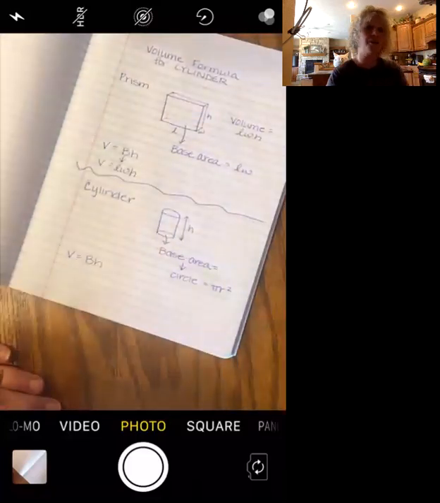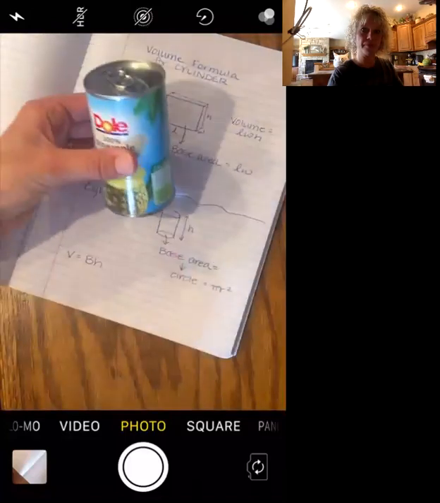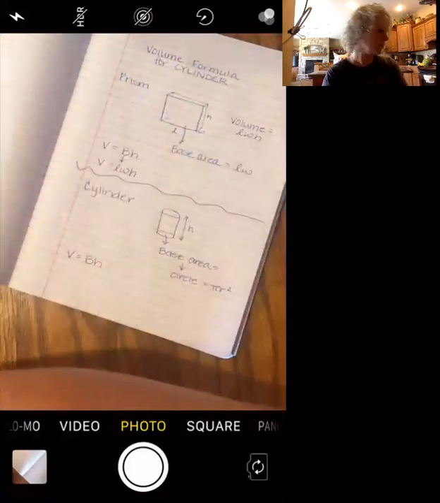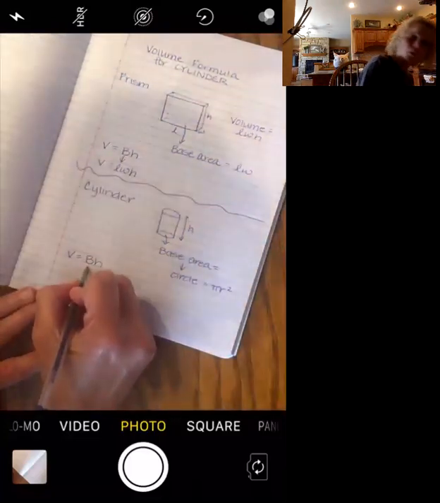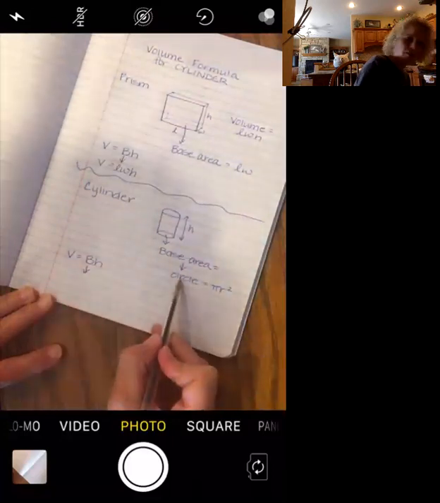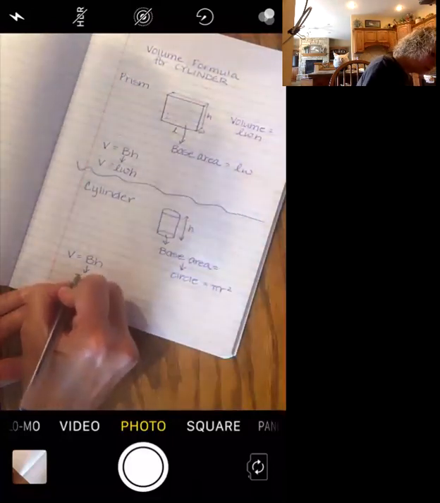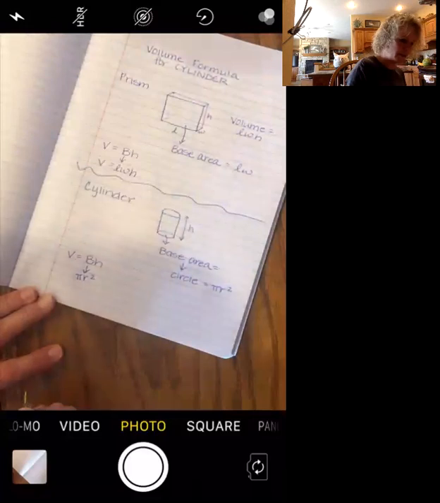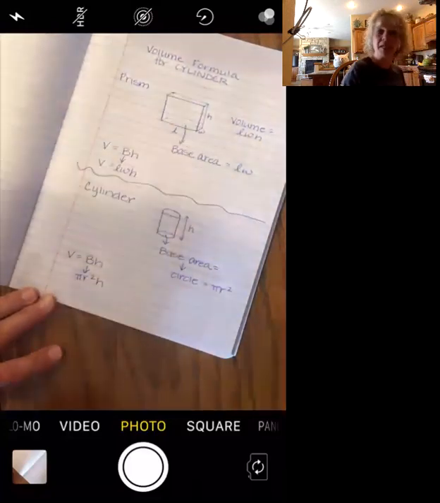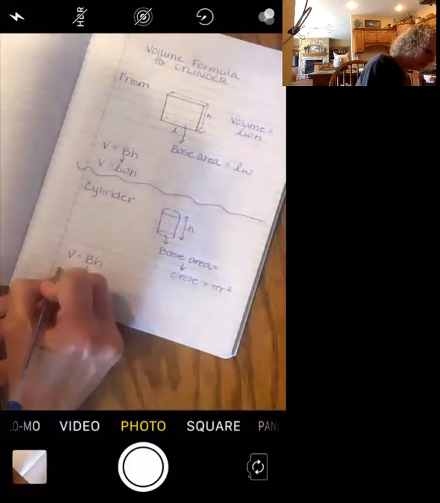Well, in this case with our cylinder, we can tell that the base is a circle. So my capital B will not be length times width this time. It's going to be the area of my circle, which is pi r squared. Once I have the area of my base, I can take it times height, and then I will have my volume for my cylinder.